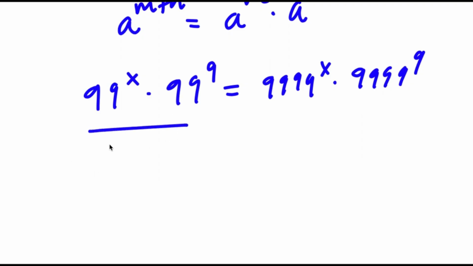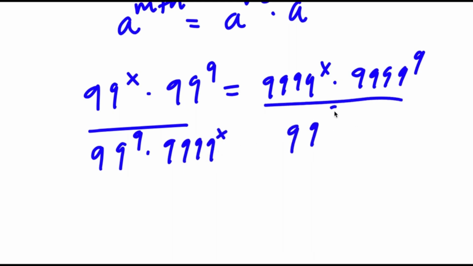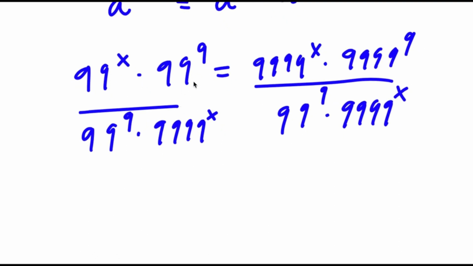Now I'm going to divide both sides by 99 to the power of 9 times 9,999 to the power of x. So then these two cancel out from my left-hand side, and these two cancel out from my right-hand side.